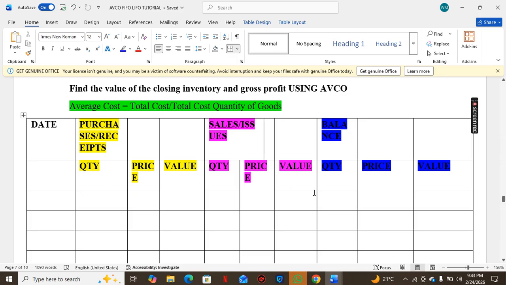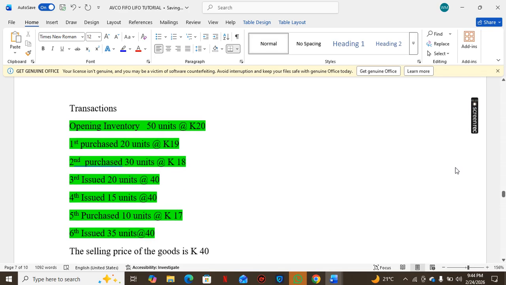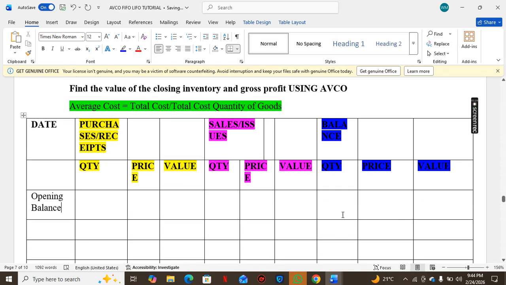So our opening balance: we started with 50 units valued at 20 kwacha. 50 times 20, the value of the goods, is 1000 kwacha. Nothing special here.